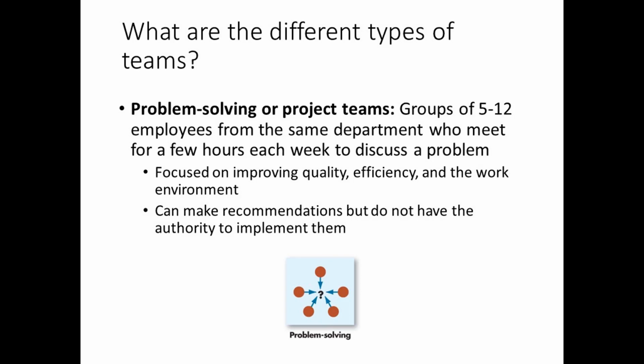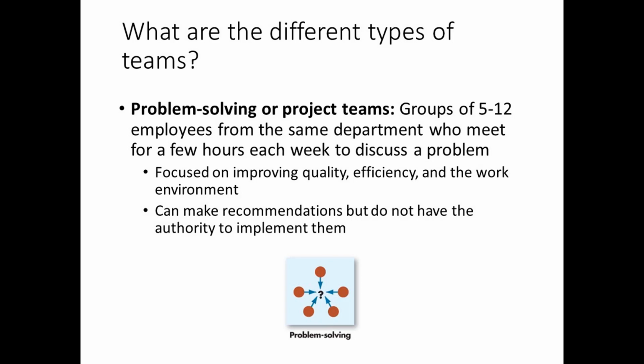Members of project teams usually create a set of recommendations, but they rarely have the authority to implement their suggestions. Instead, the team submits their ideas and someone else higher up in the organization or some other group or team will implement them.